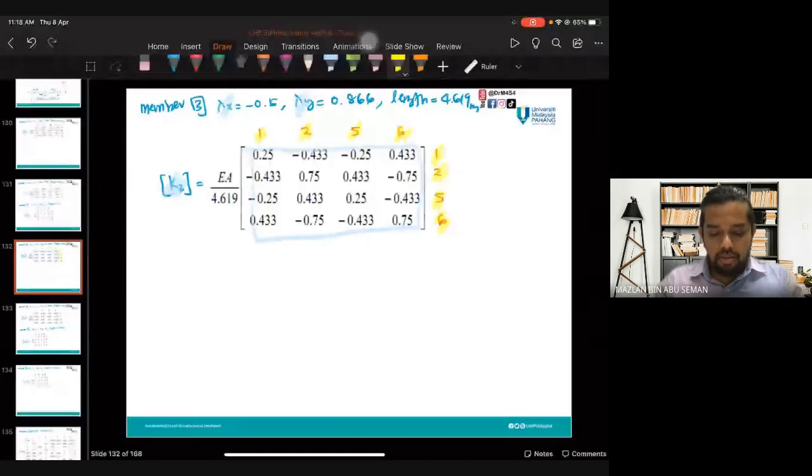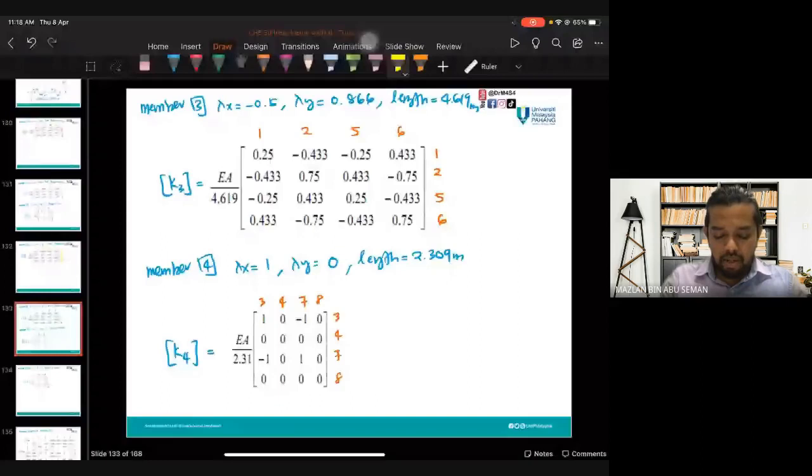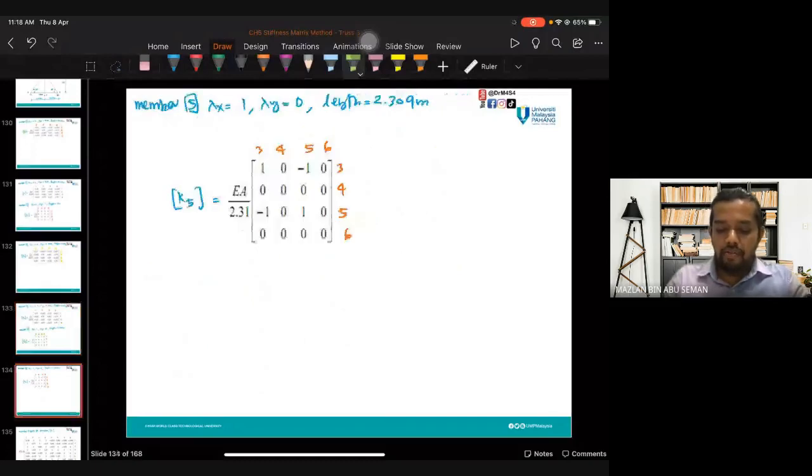Okay, next, do for member 4. So for member 4, get the lambda x, lambda y, then you can get small k4 for the matrix of member 4. And numbering for that one is 3, 4, 7, 8. Do the same for k5.